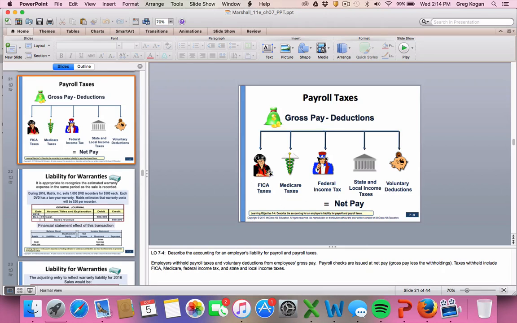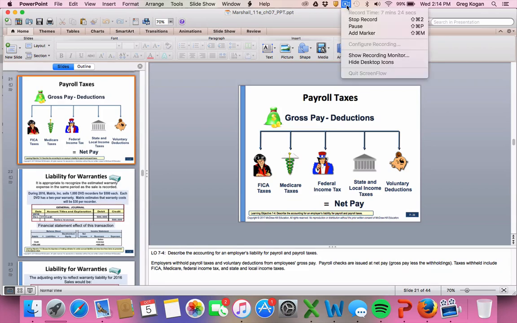Then we have the federal income tax, state and local tax, and other voluntary deductions like a 401k or other retirement plans. This is a short-term liability as well that is recorded and paid once the funds are released to that authority.